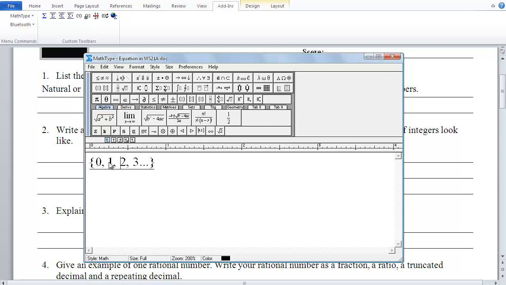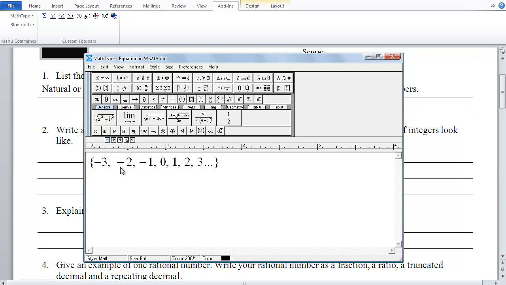Now how do I finish generating the integers? I just told you a second ago. So let's take the opposite of 1 is a negative 1. What's the opposite of a positive 2? Will be a negative 2. And the opposite of 3 is a negative 3.